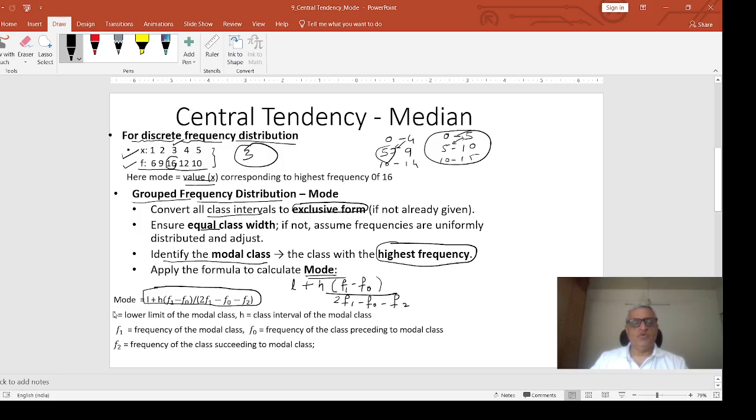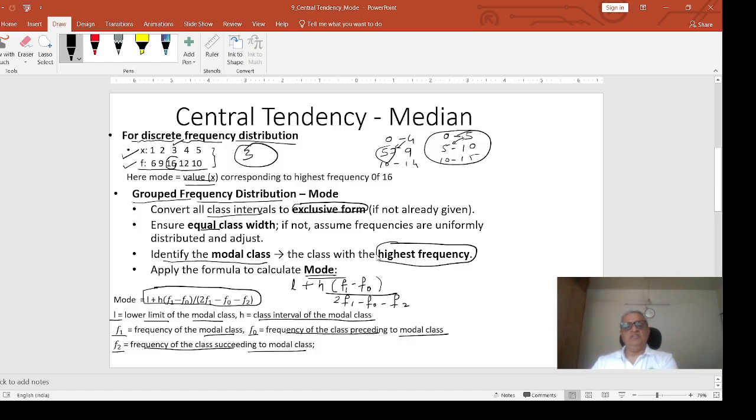L is the lower limit of the modal class, H is the class interval of the modal class, and the modal class is that class which has the highest frequency. F1 is the frequency of the modal class, F0 is the frequency of the class preceding the modal class, and F2 is the frequency of the class succeeding the modal class.